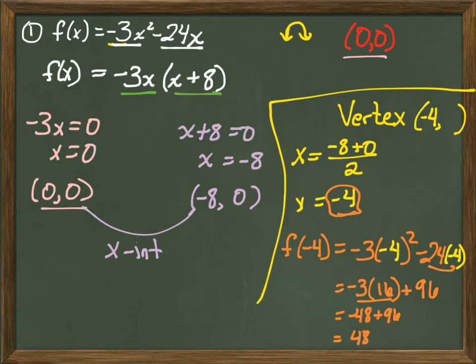So the ordered pair for my vertex is negative 4, comma 48. So just reviewing the key pieces of information, we found our x-intercepts. This is the factored form. We found our vertex. And we know that the graph opens down. And from there, we can sketch this graph.